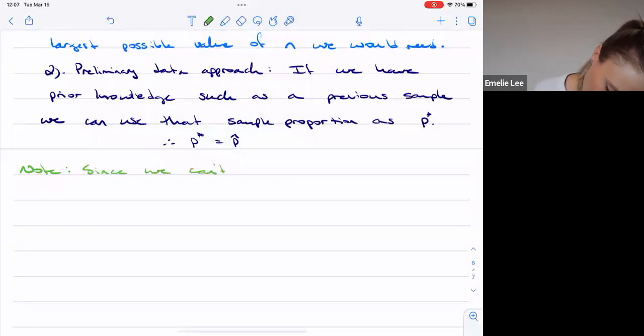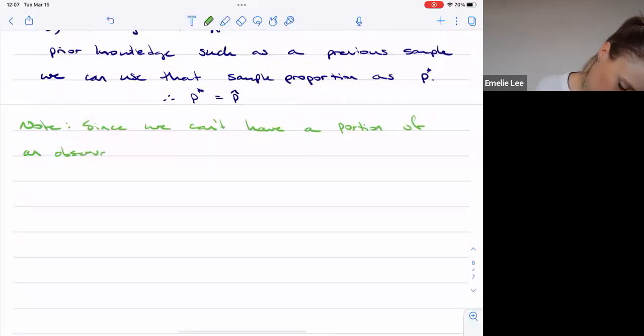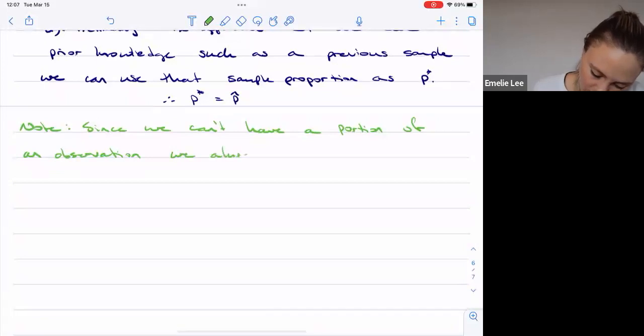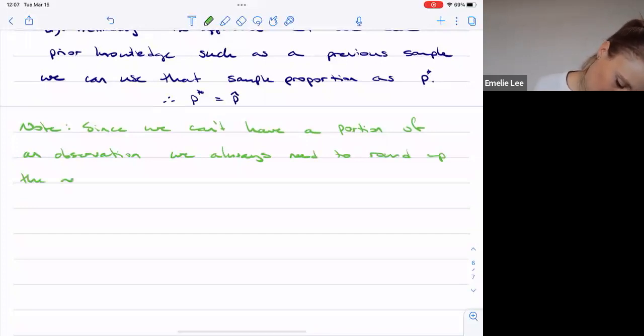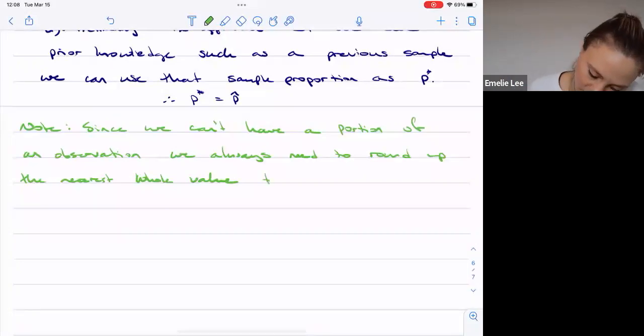Since we can't have a fraction or a portion of an observation, we always need to round up to the nearest whole number, to ensure the margin of error criteria is met.